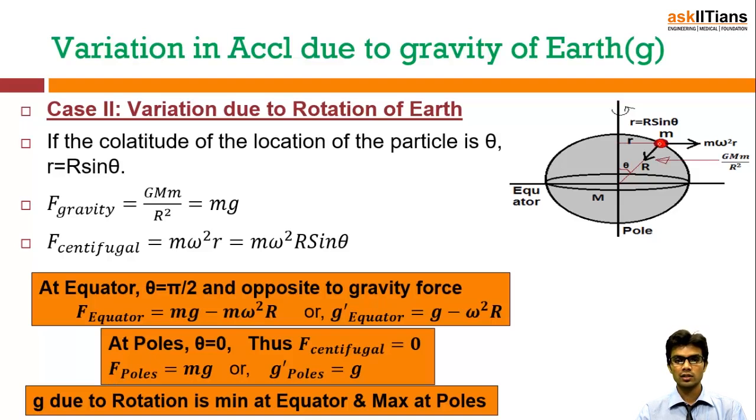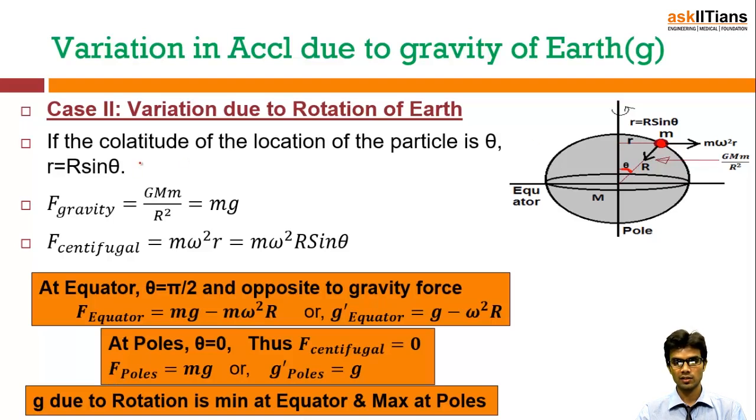If the colatitude of the location of the particle is theta, this is the colatitude theta from the pole, so this is the distance R from the center and it is the radius of the earth, so this is the R cos theta, this length, and this is the R sin theta, so small r is equal to capital R sin theta.